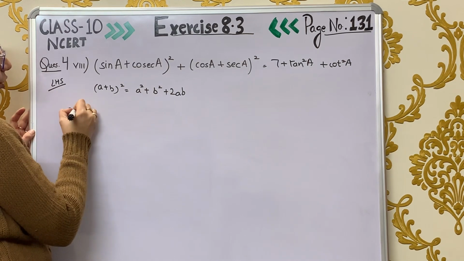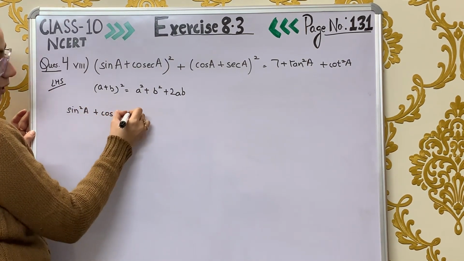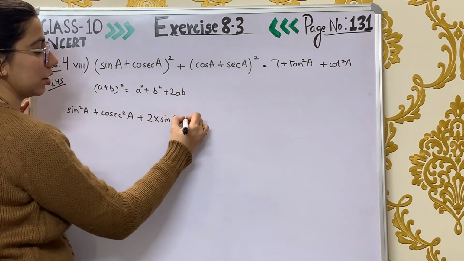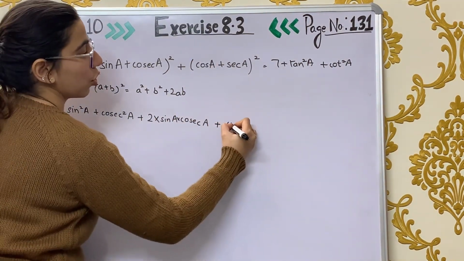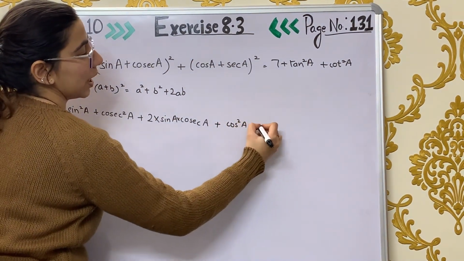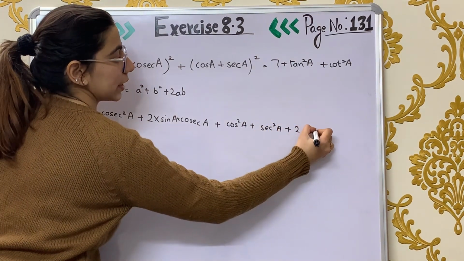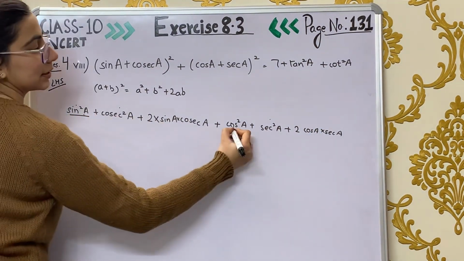Just apply it, it's going to be sin square A plus cosec square A plus 2 into sin A into cosec A. Similarly, here we'll have cos square A plus sec square A plus 2 cos A into sec A.